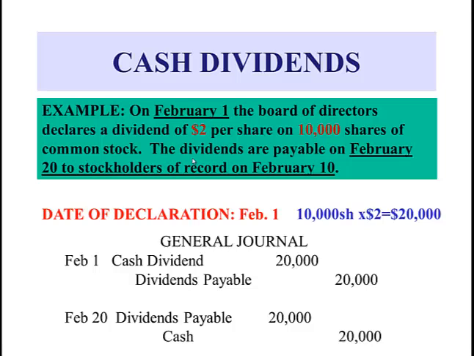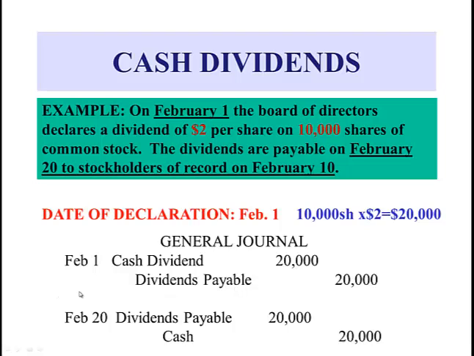Okay, so there are 2 journal entries that we know we will be responsible for, and the first one is on February 1st, the date of declaration. A $2 dividend was declared on 10,000 shares, so the corporation is liable for $20,000 in dividends. So that journal entry is debit cash dividends for $20,000 and credit a liability called dividends payable.